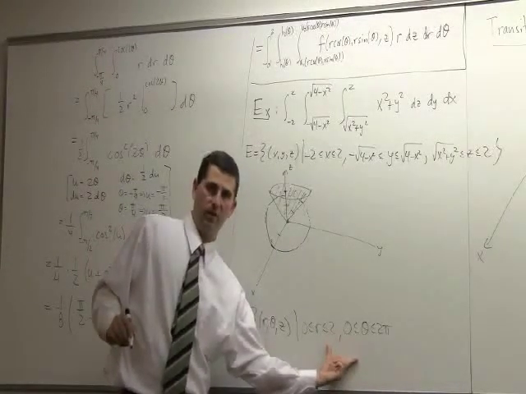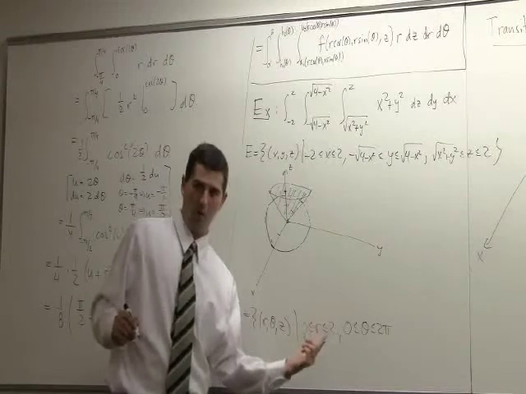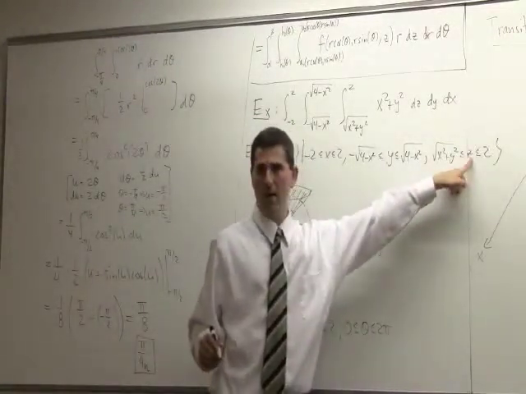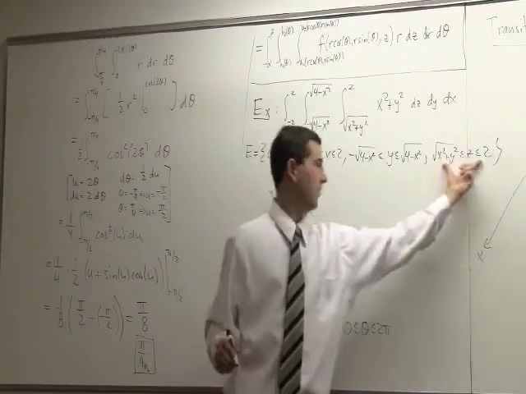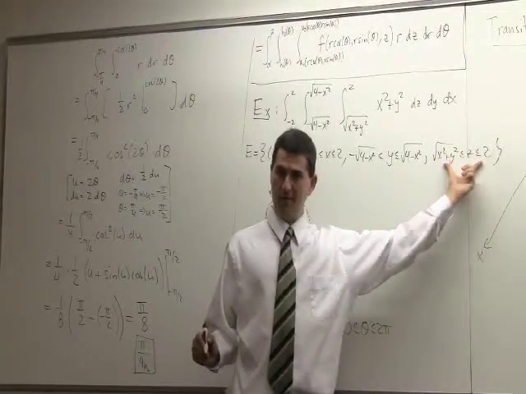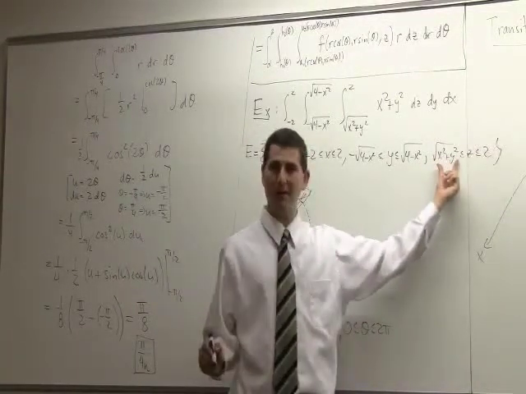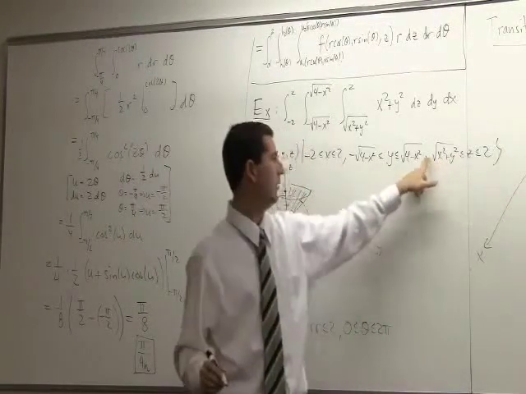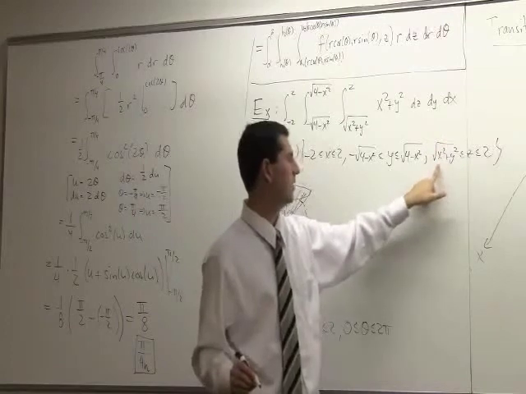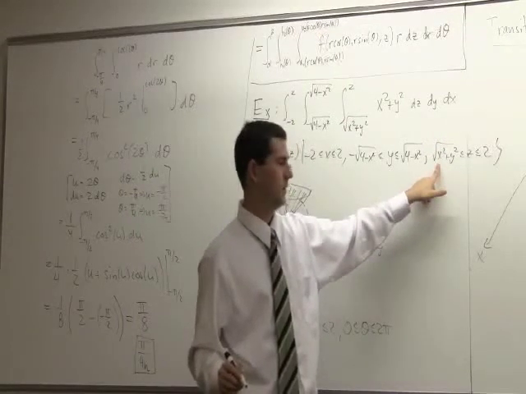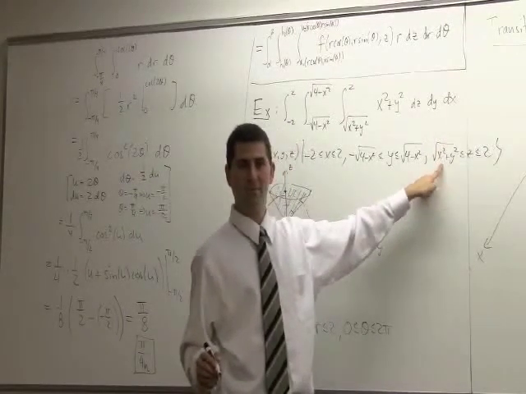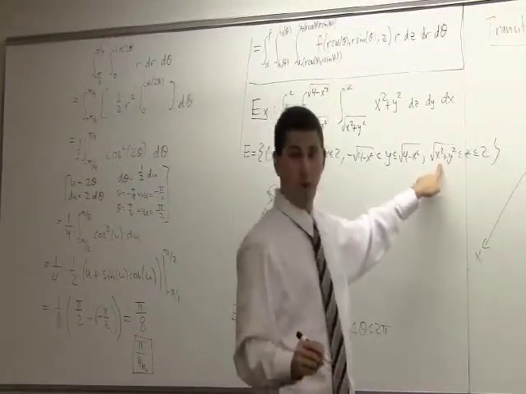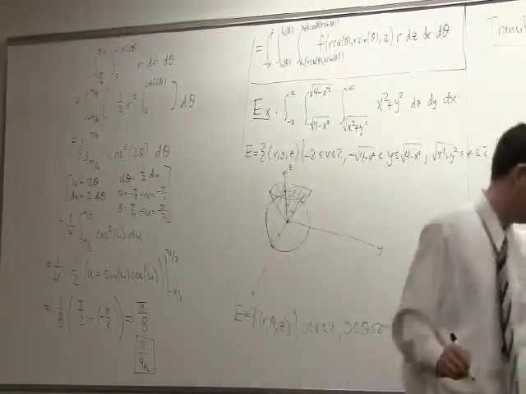Then the question is, what's the z-coordinate? And the z-coordinate is exactly the same as we had before. But we don't want to write it like this, because this has x's and y's, and we just want r's and thetas. How do you write this in terms of r's and thetas? Yeah, square root of r squared, right? X squared plus y squared is r squared.